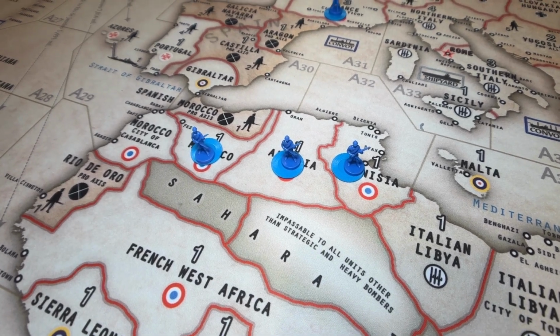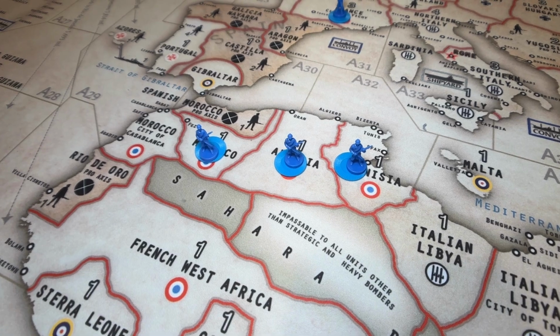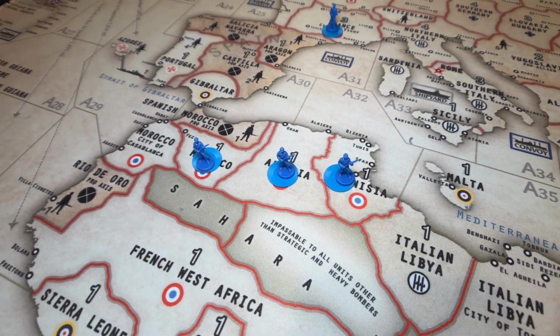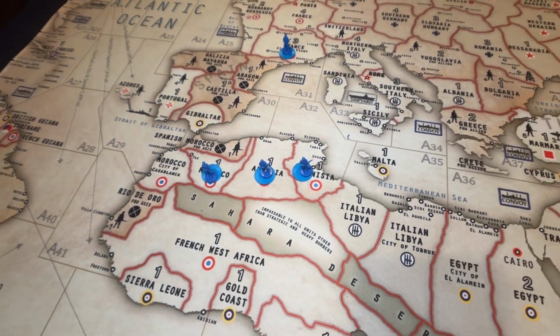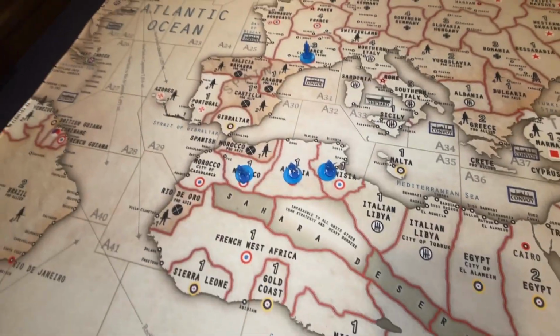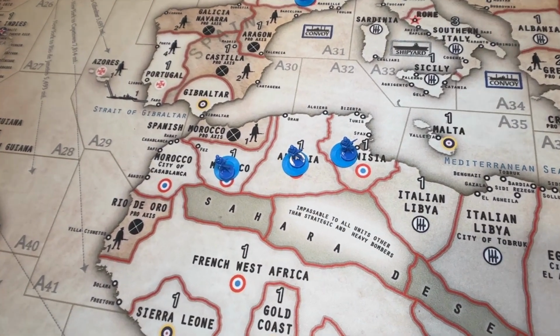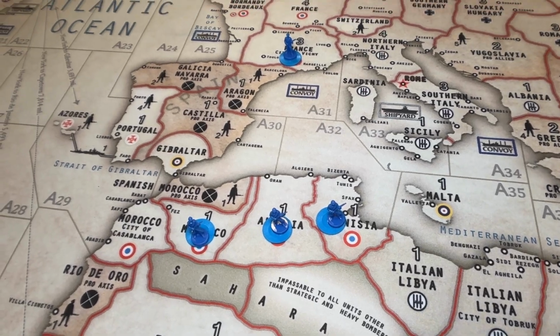They are considered neutral, can be attacked at any time either by Allied or Axis powers. And they're considered unfriendly to either side. So you can take them without triggering a reaction from other neutrals and occupy and control those territories. And that happens as long as the armistice is in place.